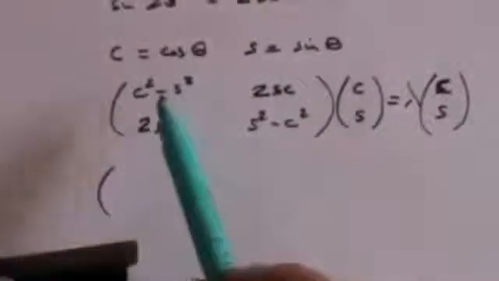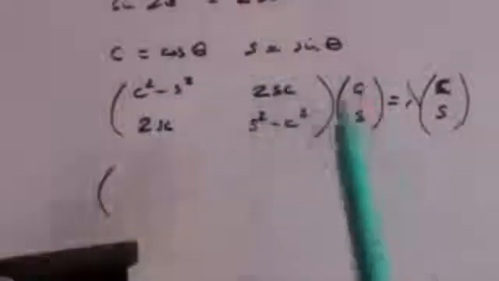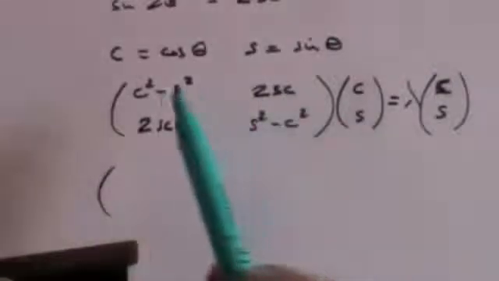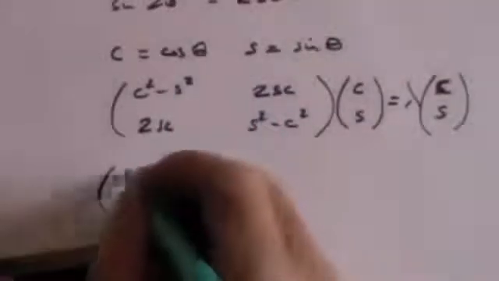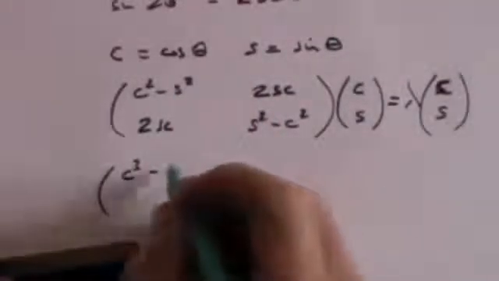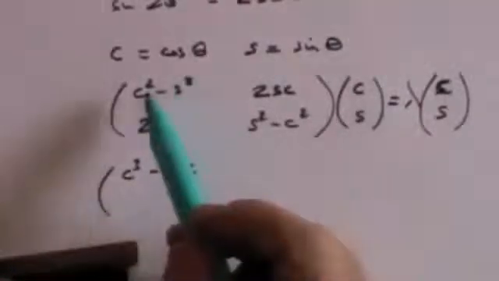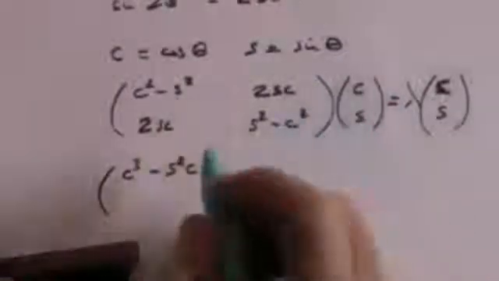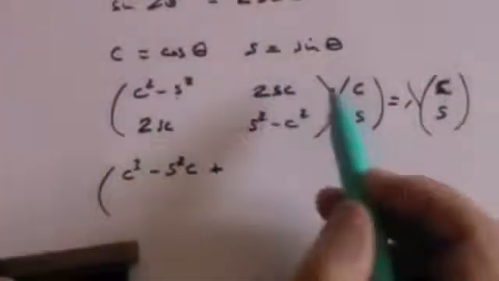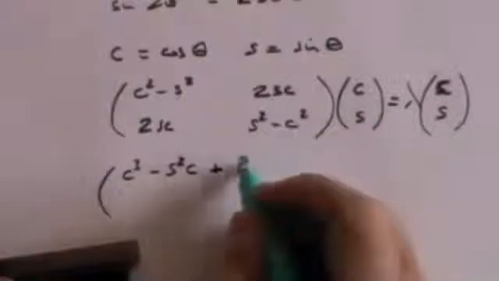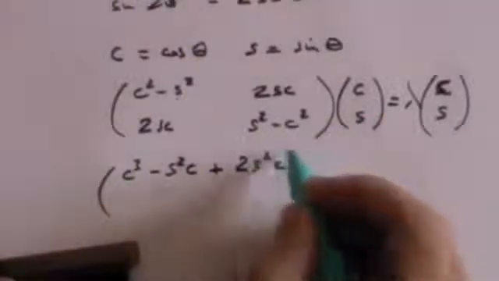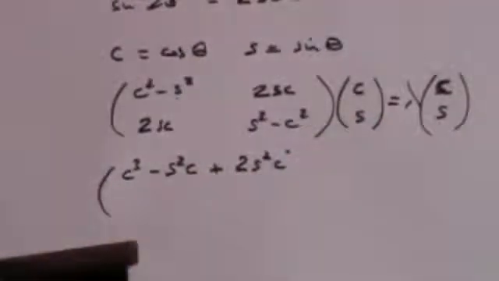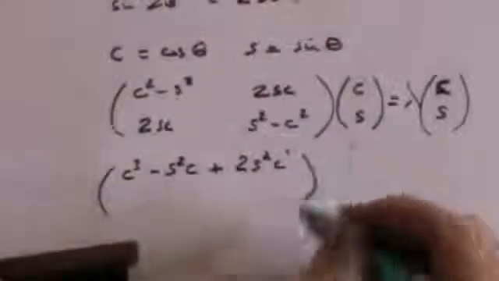So if we multiply this by this plus this times this, we're going to get cosine cubed minus sine squared cosine, plus 2 sine cosine times sine, which is 2 sine squared, times just the cosine. That's the top term.